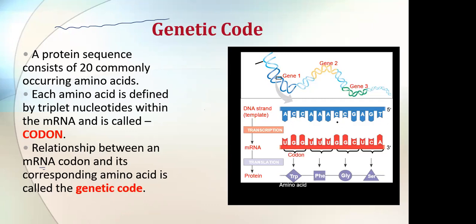When it is messenger RNA, made during transcription, RNA does not have thymine. Thymine is replaced by uracil, and it's complementary to the actual DNA strand.